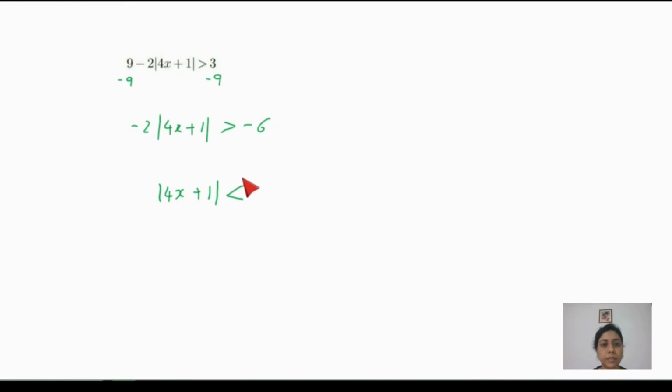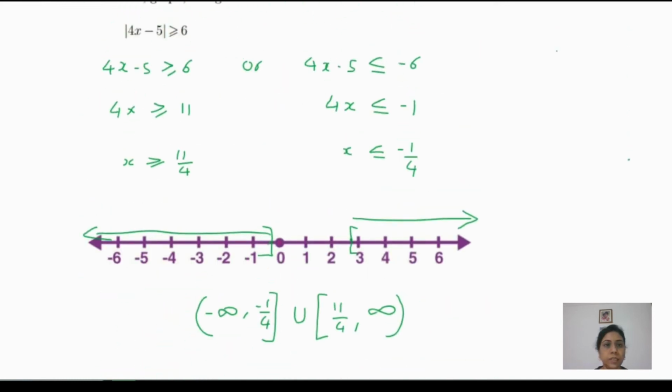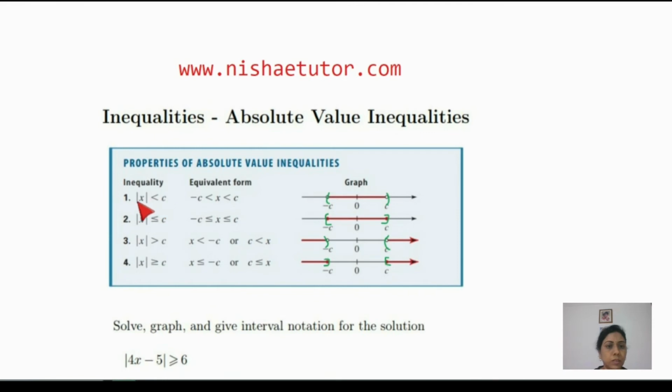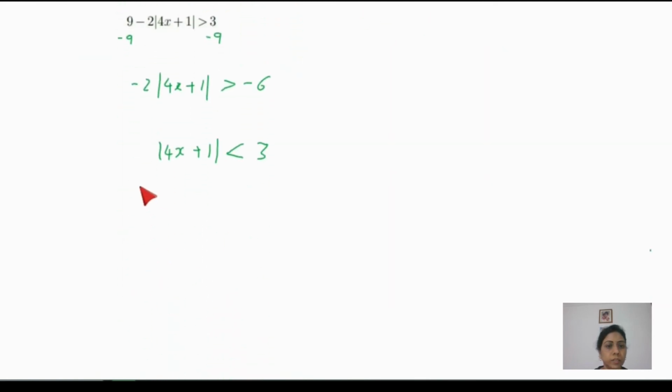Negative 6 divided by negative 2 is 3. Now this absolute value is less than a positive number, less than 3, or we can imagine less than c. So this is the first type, and the equivalent form is minus c less than the expression less than c. So we can write minus 3 less than 4x plus 1 less than 3.